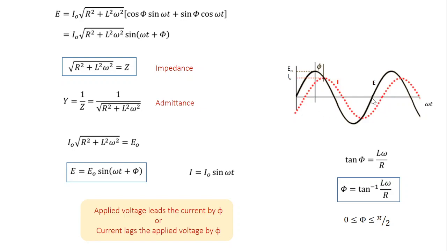If the voltage is starting from 0, current could start anywhere between 0 point and the negative peak, right? That's the meaning of phi ranges between 0 and pi by 2. So when phi is 0, current also starts from the same 0 point. When phi is pi by 2, current starts from the negative peak, as in the case of inductor circuit. For any other case, it starts from any other in between points.